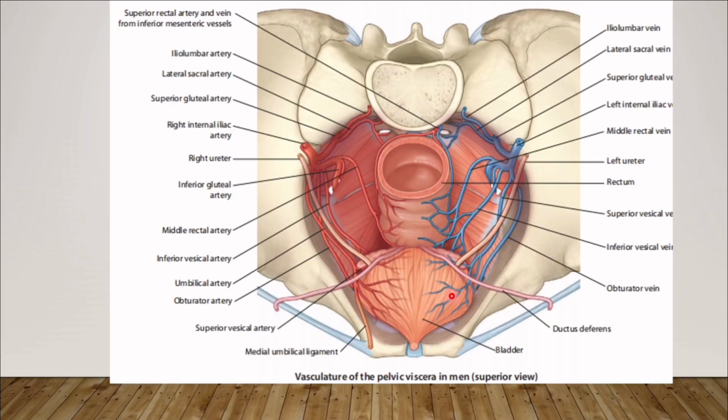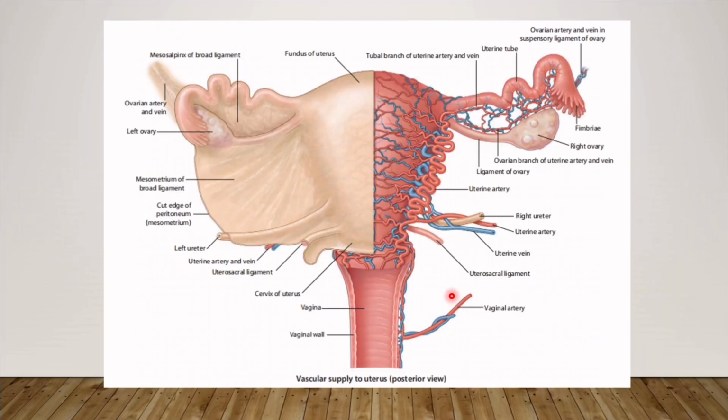Some of them are the ovarian artery. The ovarian artery will enter into the true pelvis and supply the ovary. It also forms anastomosis with the uterine artery.